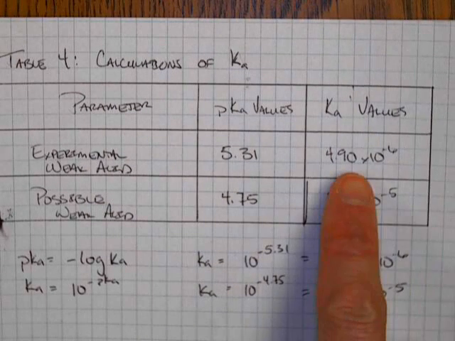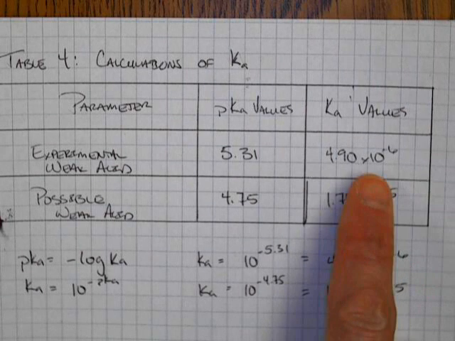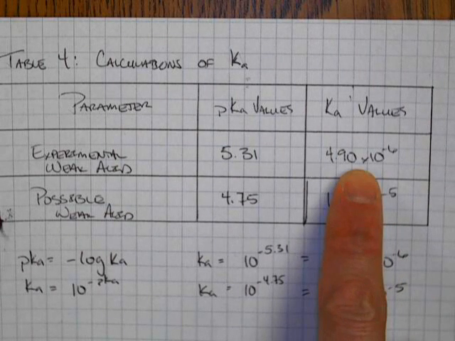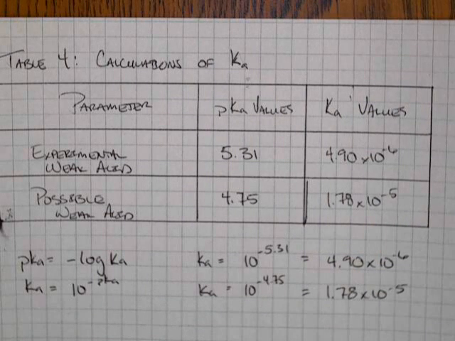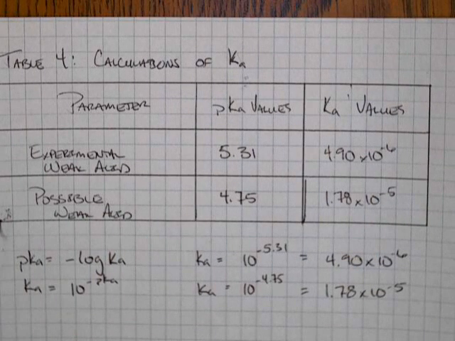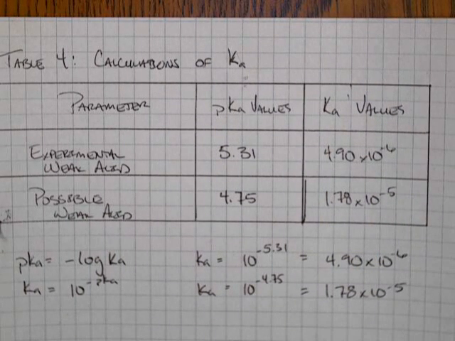The Ka of our experimental was lower, meaning a weaker acid. So a couple things to point out. One is that the stoichiometry of a monoprotic acid with the sodium hydroxide as a base is the same regardless of what acid it is.